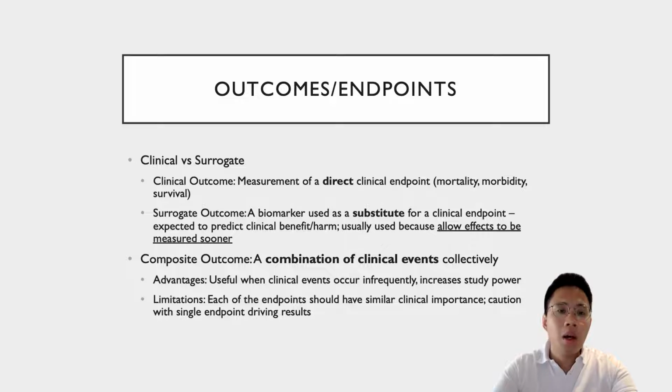For example, we often see instances where mortality is grouped with MACE events, and within MACE events, you may have events like hospitalization for heart failure. But one might argue that mortality versus hospitalization for heart failure would differ fairly significantly in terms of clinical significance. Hence, it is important to pay attention to some of these nuances when looking at the outcomes.